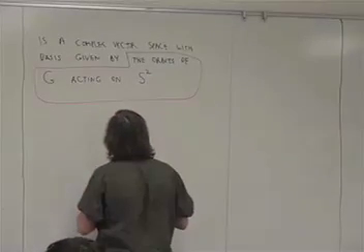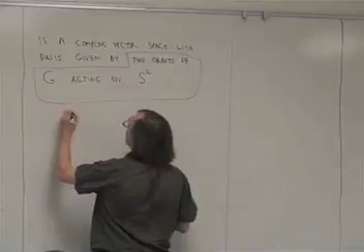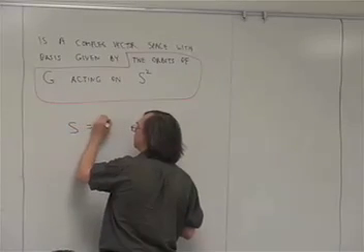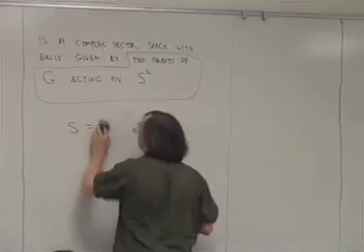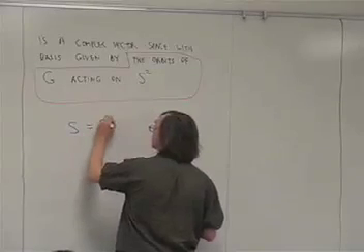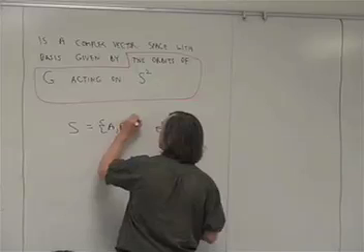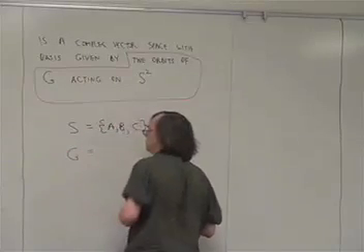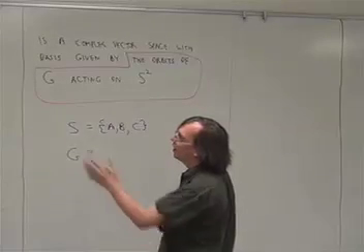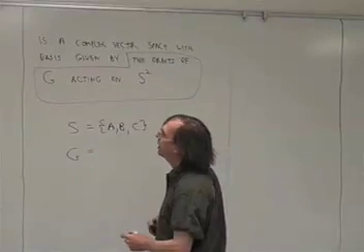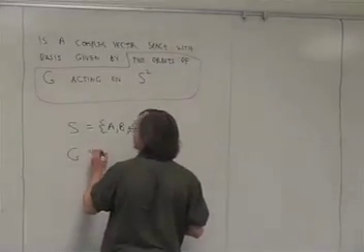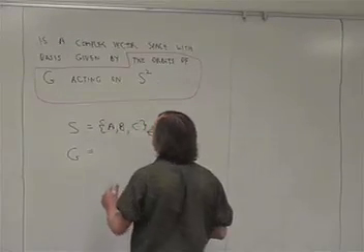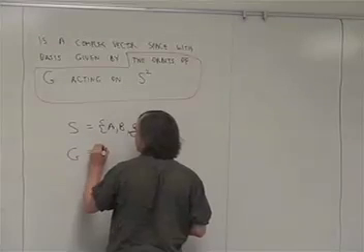I'm going to say S, as we've been dealing with all along, is the 3-element set. Let's call it A, B, C. And let's have G be, as in our example over there, the subgroup.